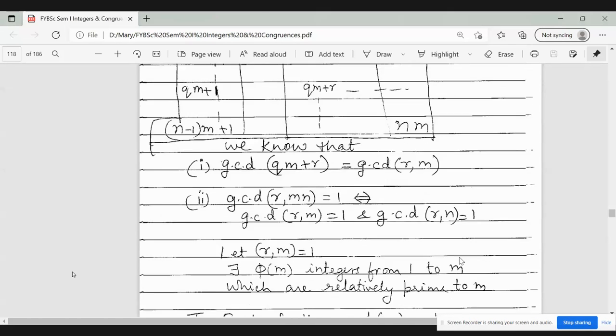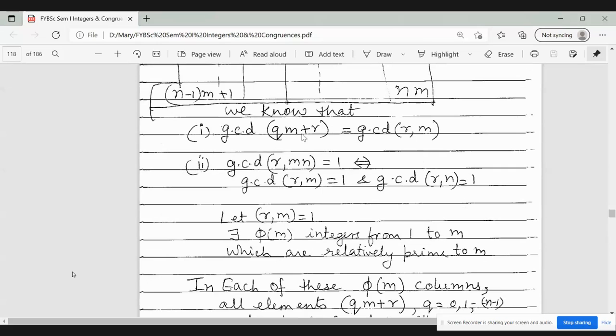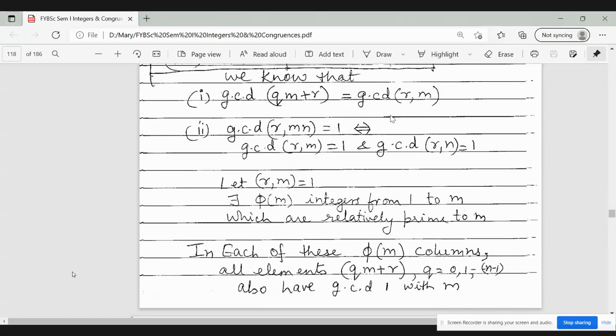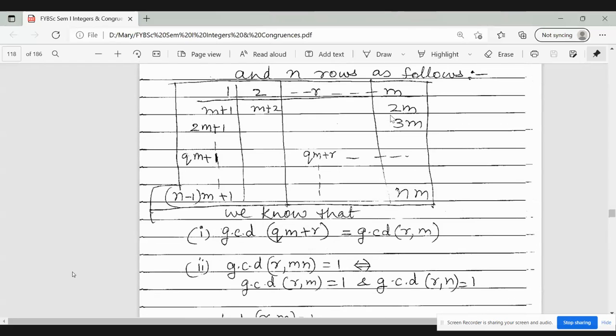So what happens here? GCD of this is 1. GCD of all these numbers will be 1 if GCD of r with m is also 1. That is one thing which we are using.